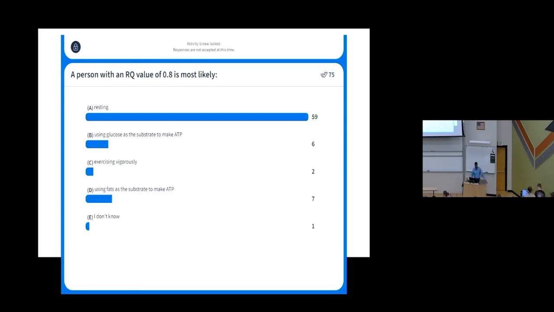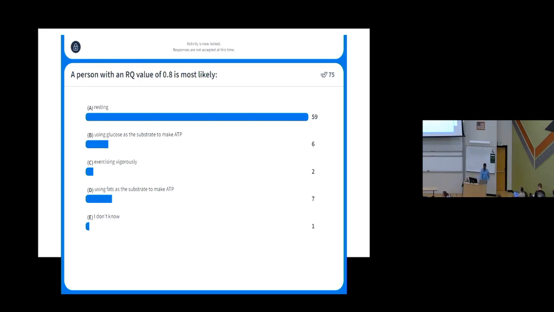Most of you said resting, right? And I think exercising vigorously can also be a potential option if I had given you a time stamp. If I said exercising vigorously for like 5 seconds, then that would be a possible option, right?